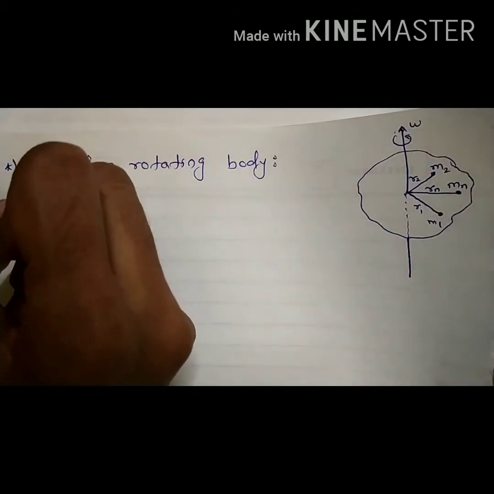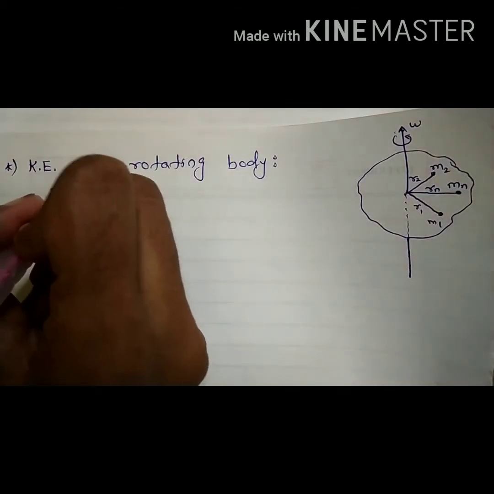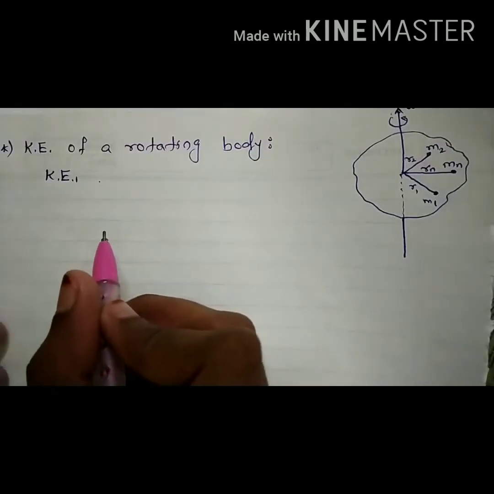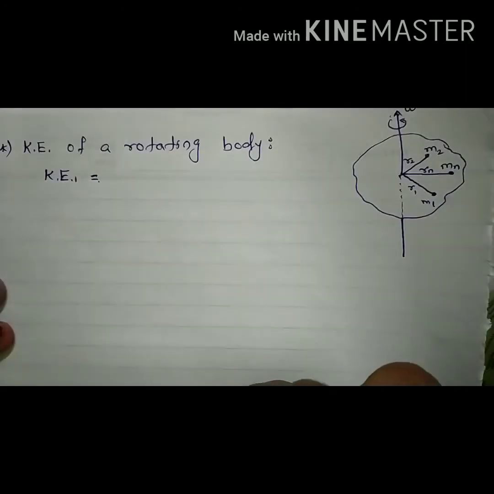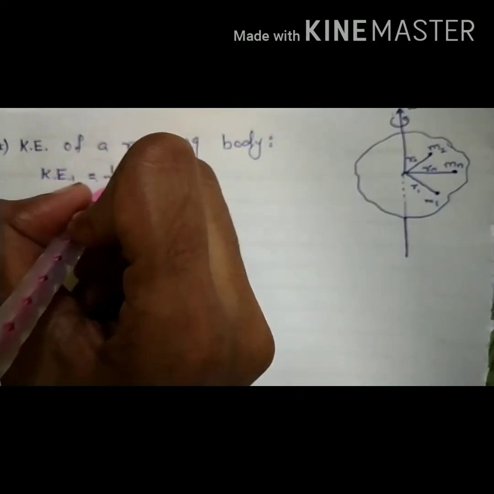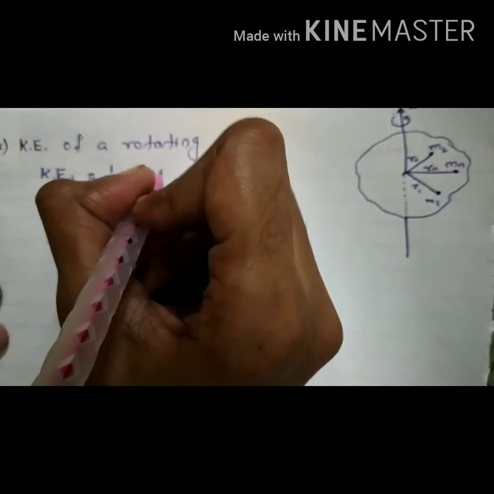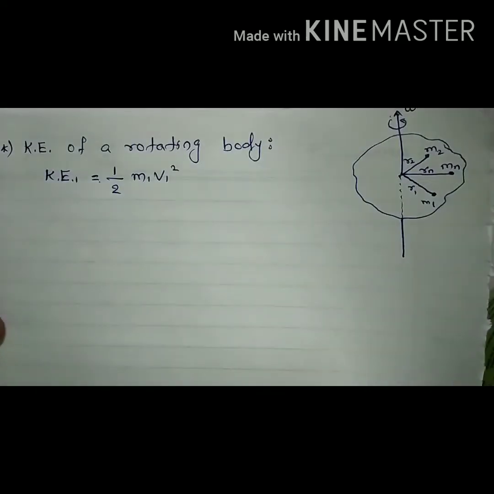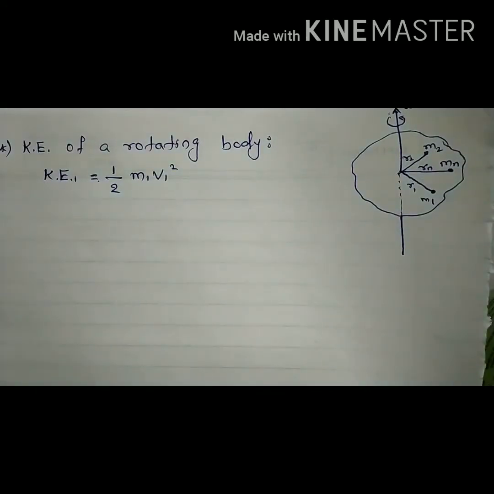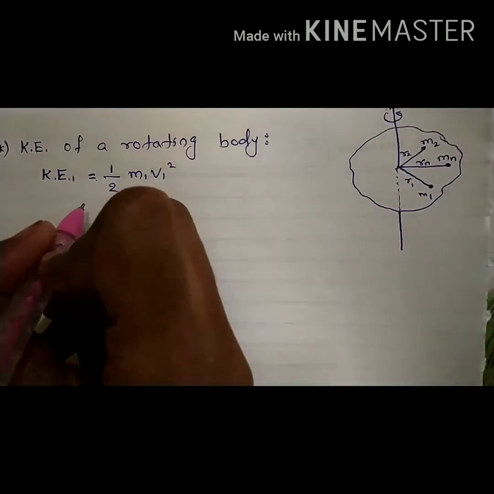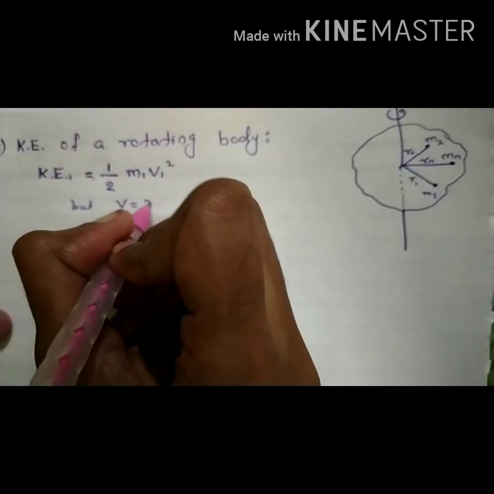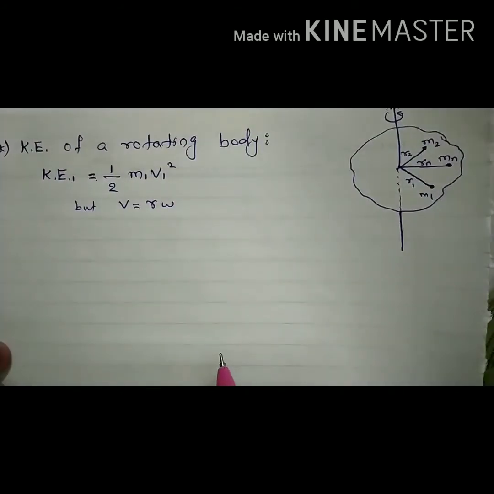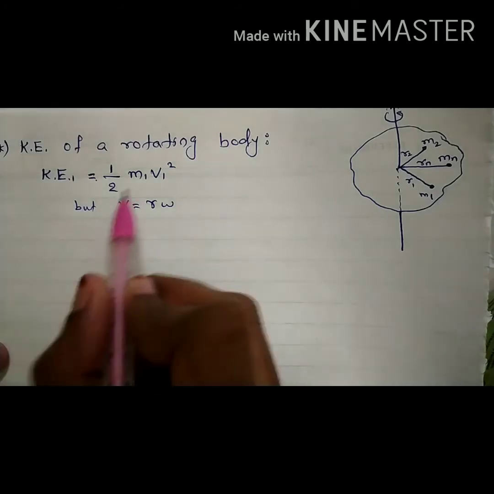Kinetic energy of particle 1 is given as half m1 v1 square. But we know velocity v is equal to r omega. Put this value here.